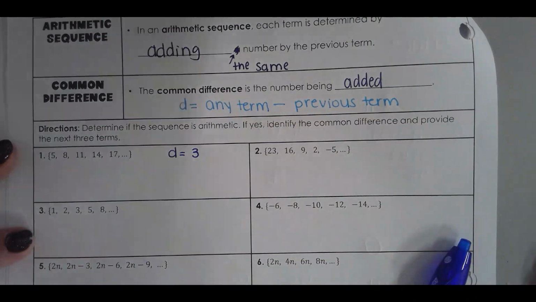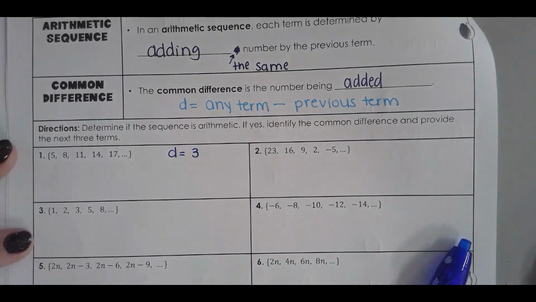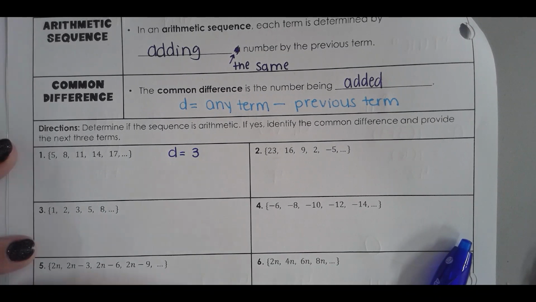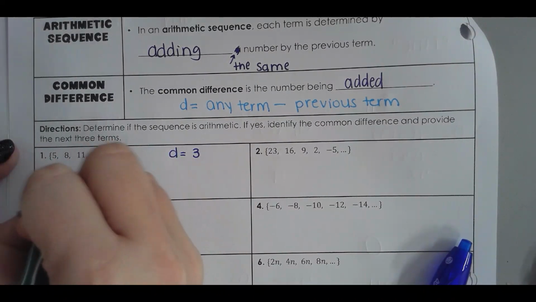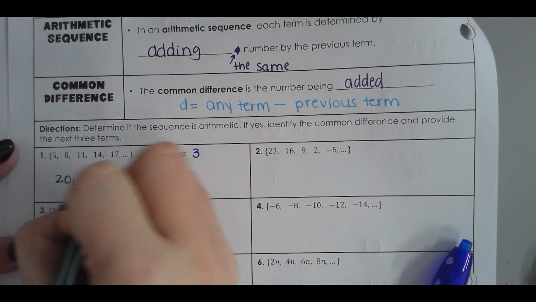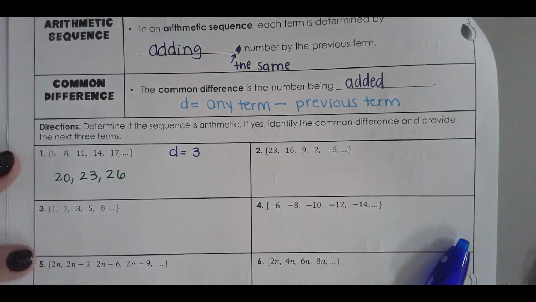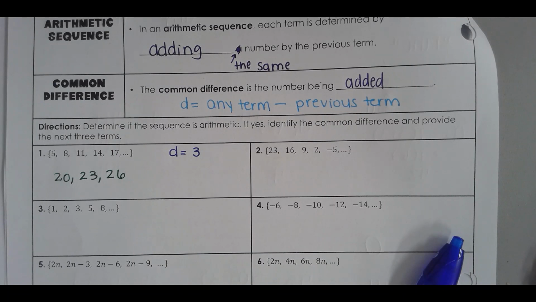My next 3 terms, I start at 17. What would be after 17? 20, 23, and 26. I'm going to throw in something new, something called the zero term.